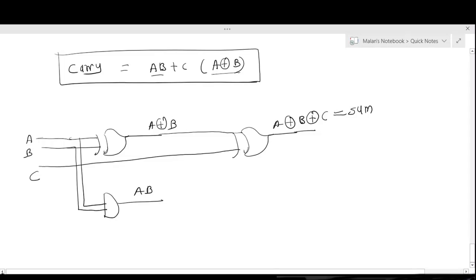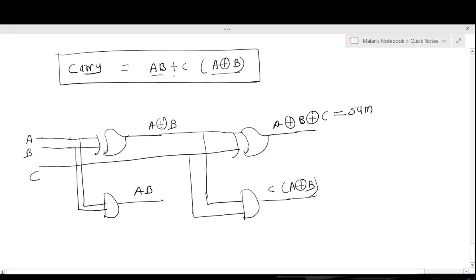To implement the second term, A XOR B is already there, and I need its multiplication with C. I will use one more AND gate, with C as the first input and A XOR B as the second input. The output generated is C times A XOR B.